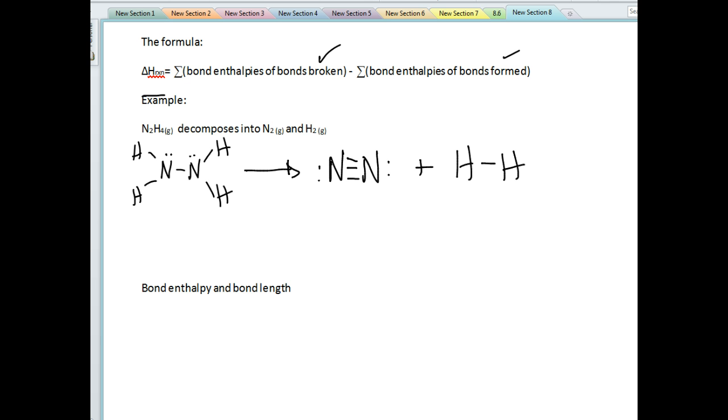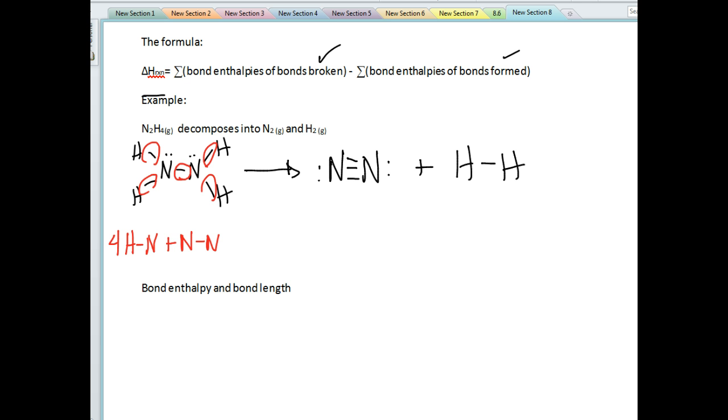And so first thing is we're going to have some hydrogen-nitrogen bonds, and we have 1, 2, 3, 4 of these that we're going to look up the values for in a minute. We're going to add that to a nitrogen single bond, which is right here.